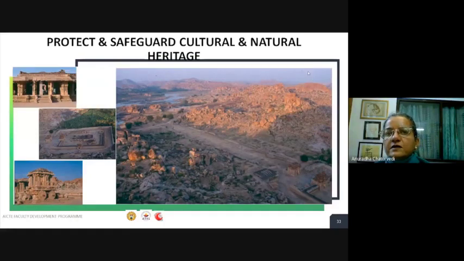In another World Heritage Site, that of Hampi, there is a very clear understanding that it is important to safeguard the cultural and the natural heritage together with ensuring the economic benefits to the communities who are associated with this place.